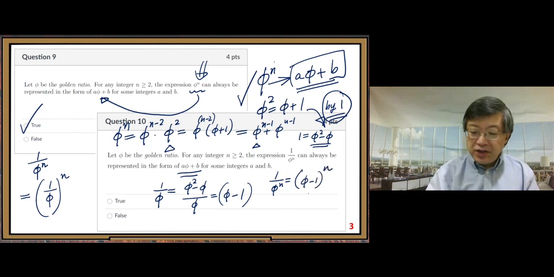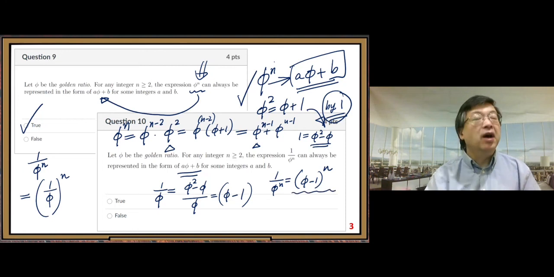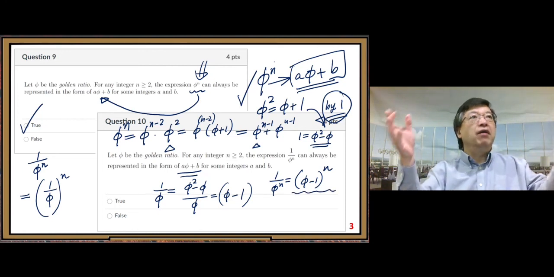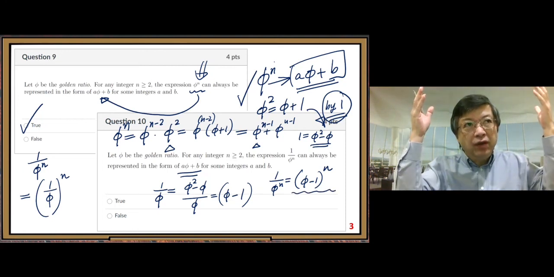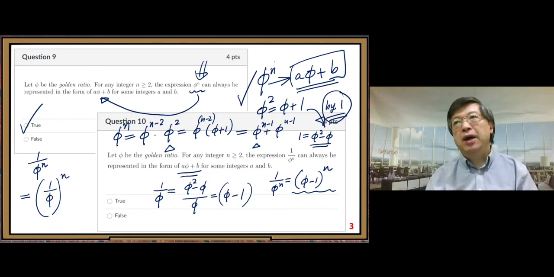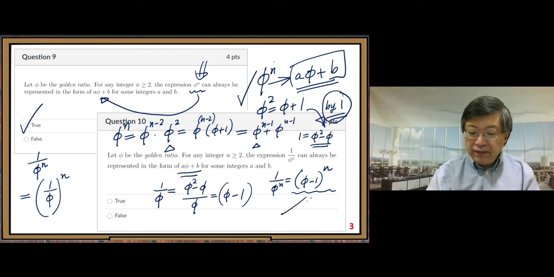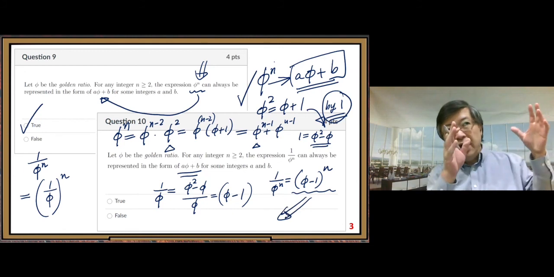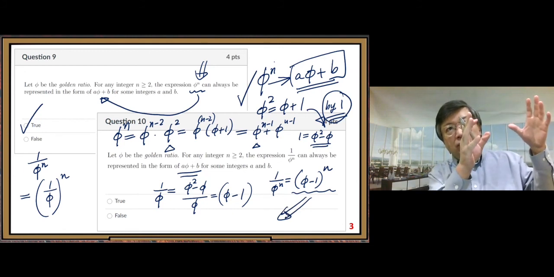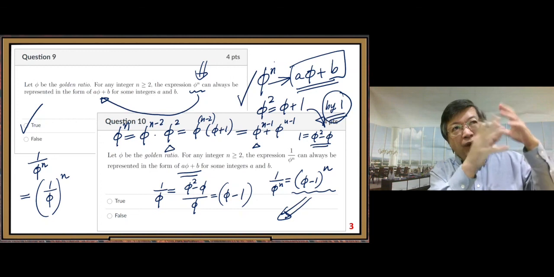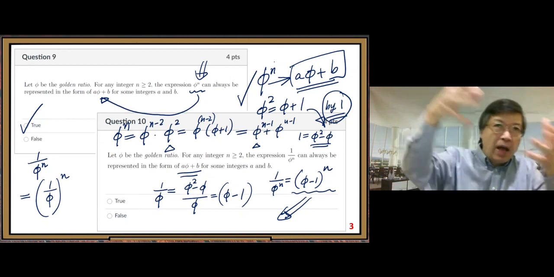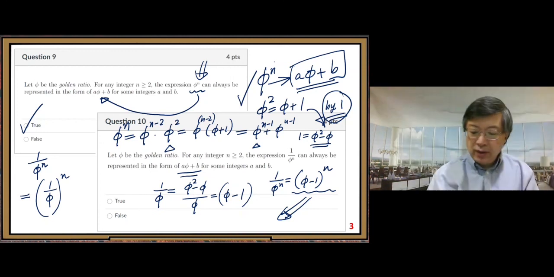So you can see this side is completely a polynomial of degree n, highest degree term n. Can you use question number 9? Every time you see a term with degree greater or equal to 2, you can bring it down by 1.